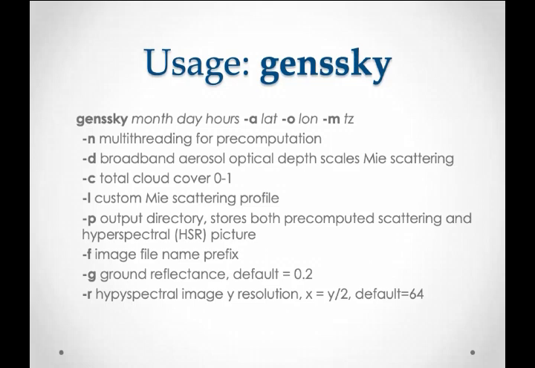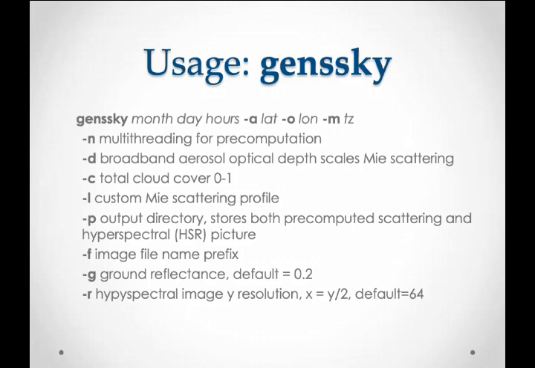There are -d options to override the broadband aerosol optical depth. And there's -c to give a total sky cover, and then -l options where you can provide a custom mean scattering profile. The default one we have is the OPAC continental average aerosol profile.